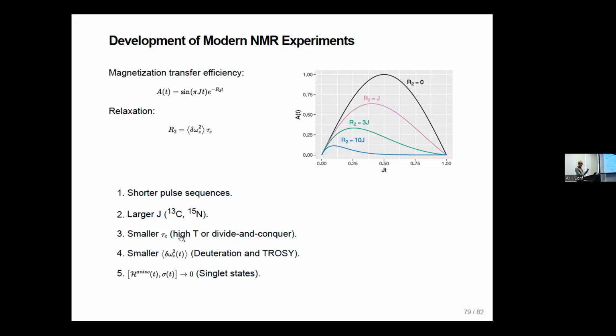For smaller tau c, we can move to higher temperatures. You can break the problem up into smaller pieces and solve the pieces one by one. For smaller variance, you deuterate or go to TROSY experiments. And there's not really anything else, these two equations are basically it.